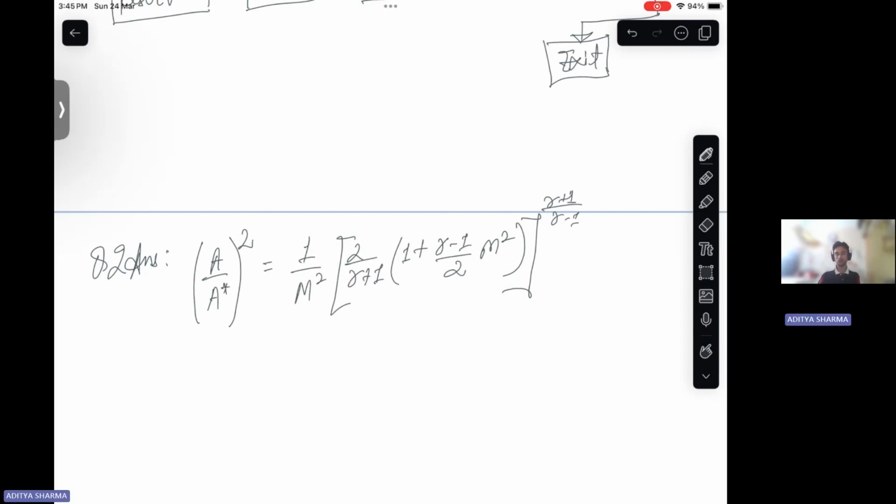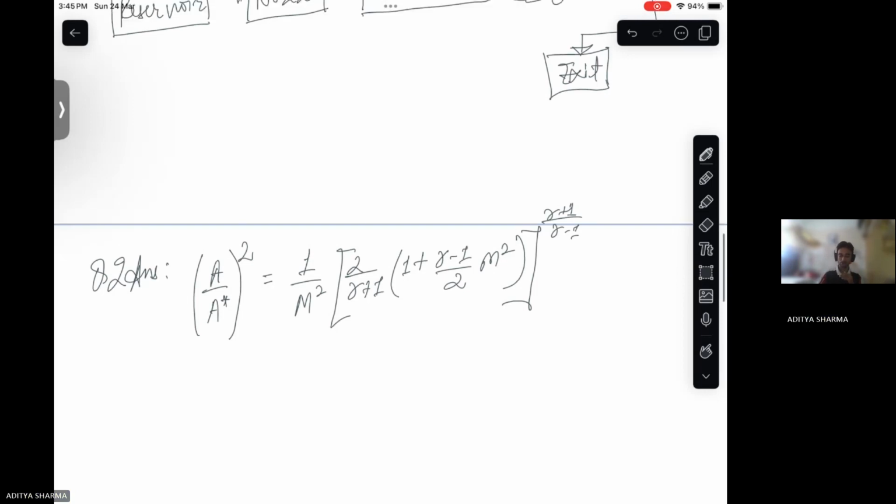All right, so this is our formula. Here A is the area at some section in the nozzle, in the direction of the flow.